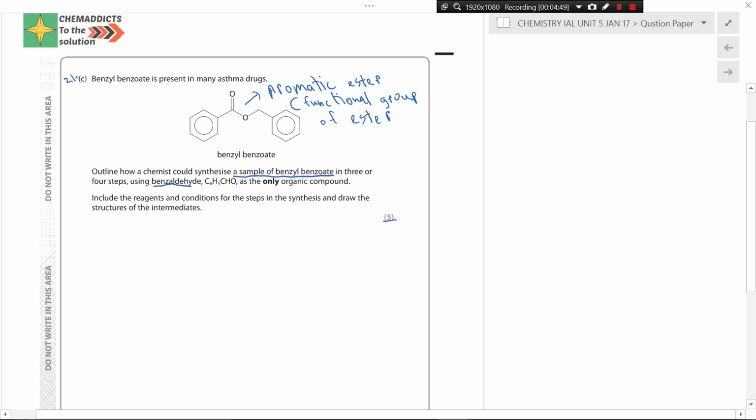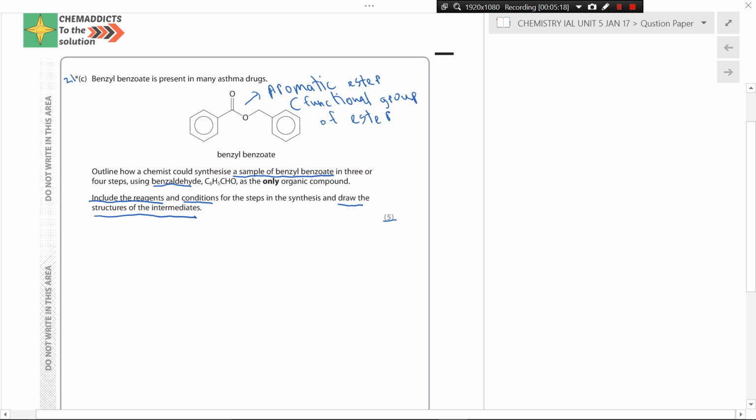Okay, so in the procedure we should only use benzaldehyde as the only organic compound. Here it is also mentioned to include the reagents and conditions for the steps in the synthesis. Draw the structure of the intermediates that is involved.